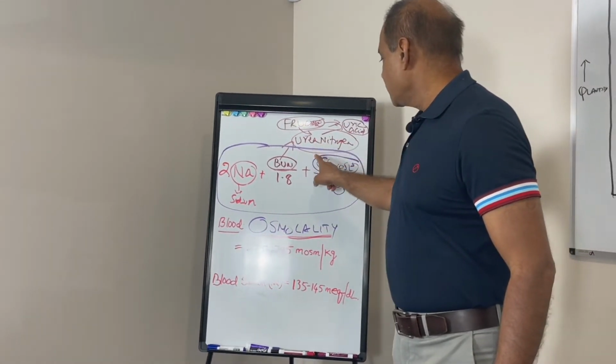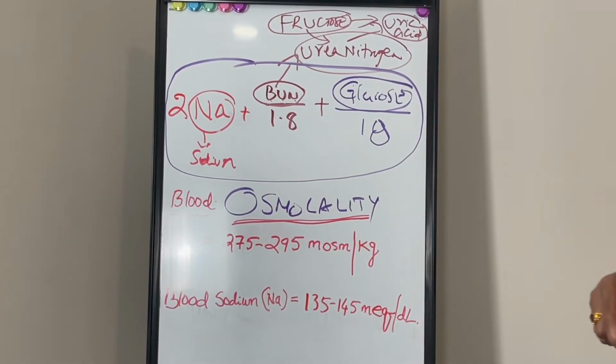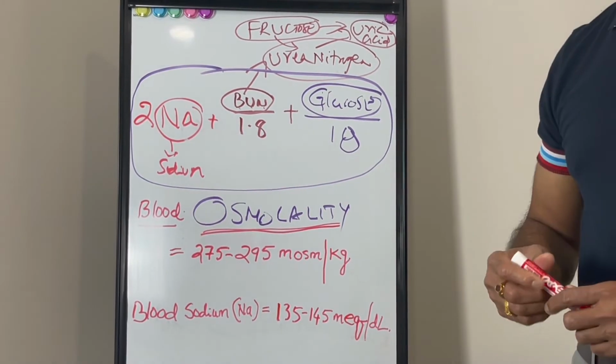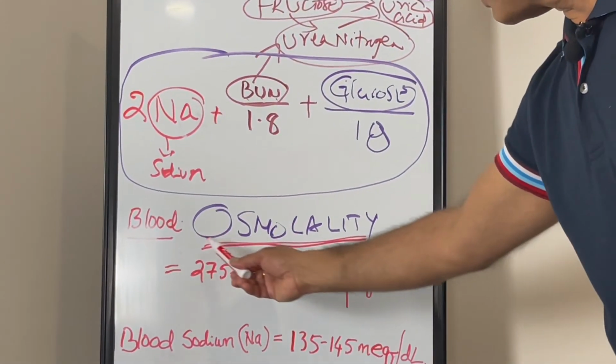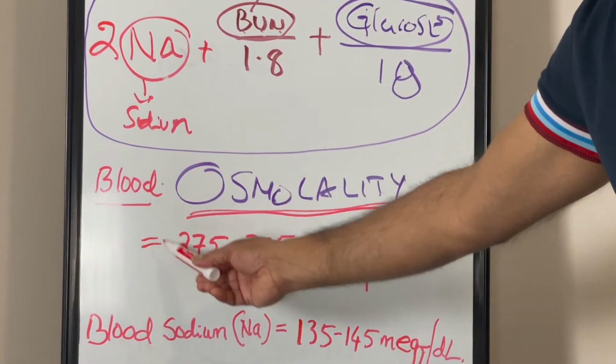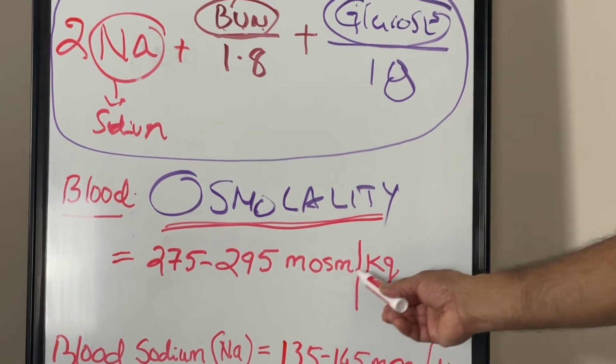That also adds to everything called osmolality. Now, I will explain osmolality in more detail today, but the number that you have to remember for normal osmolality in the blood is 275 to 295 milliosmoles per kilogram.